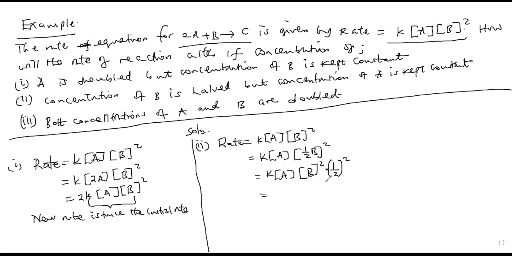So this is a quarter, K, concentration of A, concentration of B squared, implying that it has changed by a quarter. So you don't need to put this. I'm just showing you that this is what we initially have, and this is the factor that has been introduced. So therefore, you'll conclude and say, the new rate is a quarter times the initial rate.